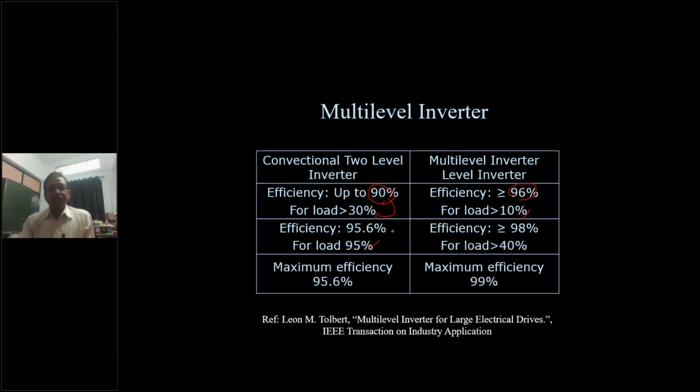When load is 95%, the two-level inverter, simple, which we discussed up till now, gives an efficiency of 95%, and the multi-level gives 98% efficiency. Maximum efficiency is 99%, whereas for two-level it is 95%. The reference for this is Multilevel Inverters by Leon Tolbert. I have taken this.